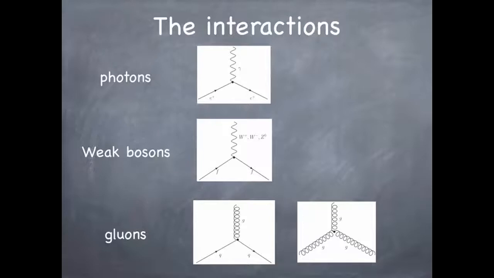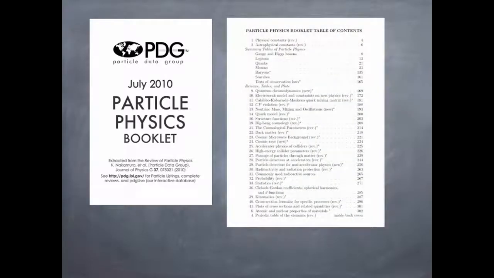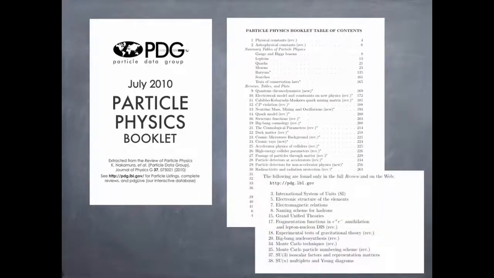Now, where can you go to learn more? There is a free book on the internet. You can go and grab it from the Particle Data Group, and it has all kinds of lovely details about all the wonderful stuff that you can learn about the standard model and how it all goes. I just want to point out a couple things. This is a free download, so it's an amazing resource.